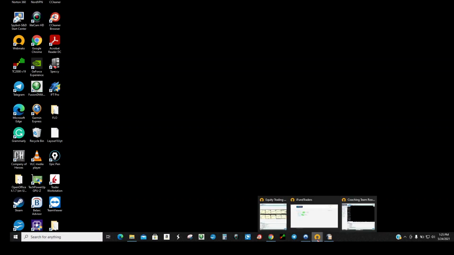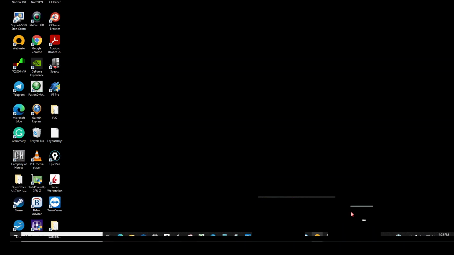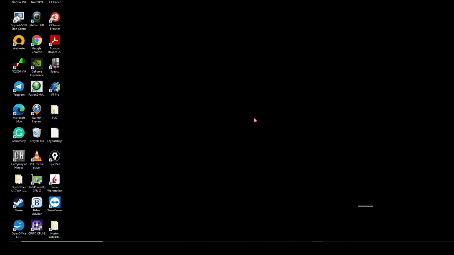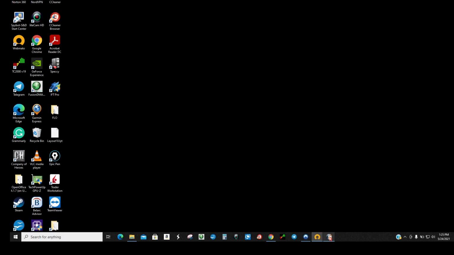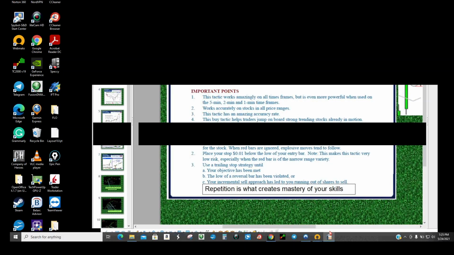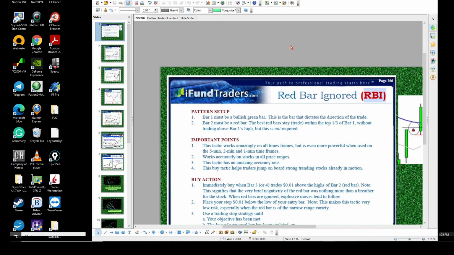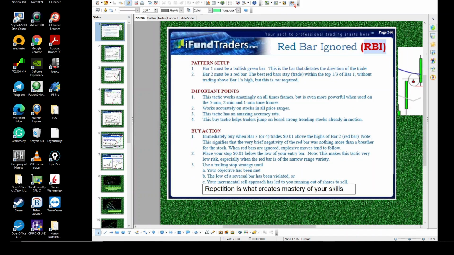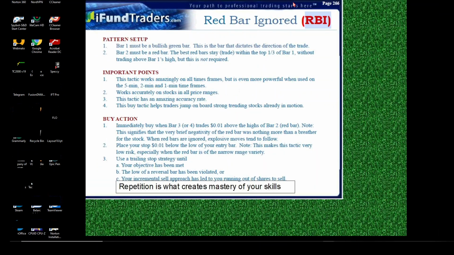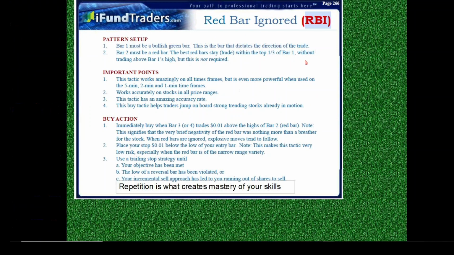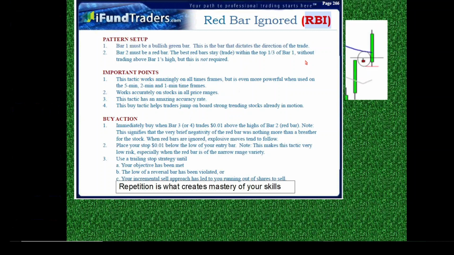Let's go over some ribbies and gibbies. You guys can look for them if you have a chance, when you look at your charts. Here we go. Okay, red bar ignore, right? First bar must be a bullish bar.